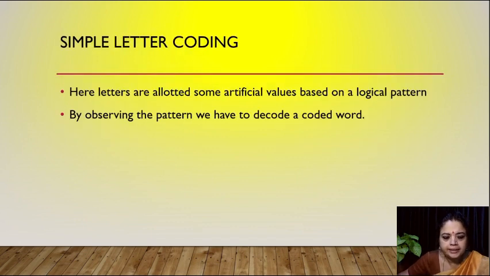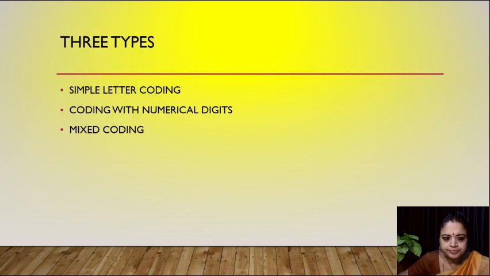Here we need to know that alphabetical coding is of three different types: simple letter coding, coding with numerical digits, and mixed coding. In letter coding, you may be asked to decode a particular letter given a sample.